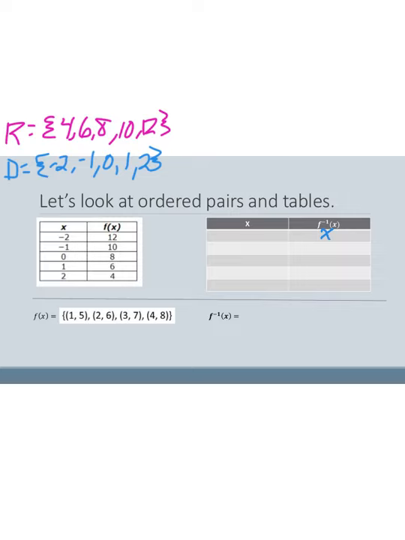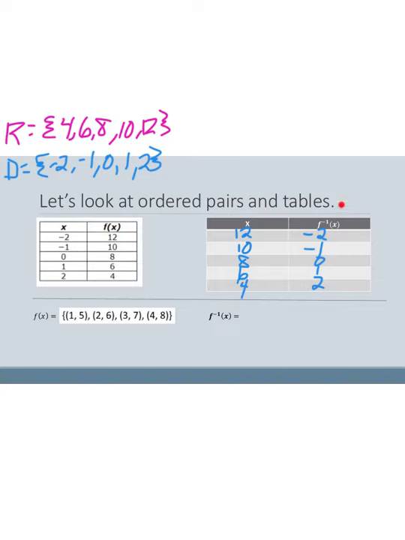So I've got -2, -1, 0, 1, and 2. And then next I'm going to put the y values in where the x was. So 12, 10, 8, 6, and 4.